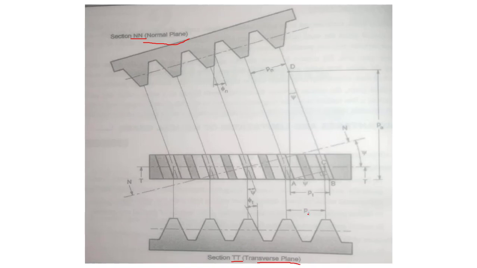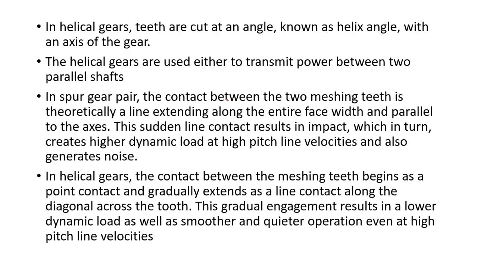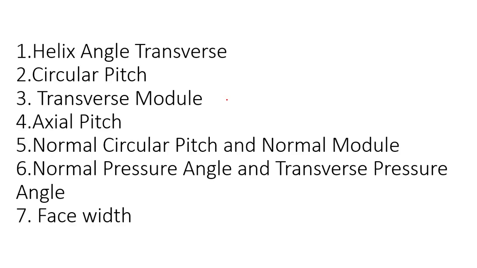For the transverse plane, all terms are denoted by T in the suffix, and for the normal plane we will put N. Now we will see all this terminology in helical gear.